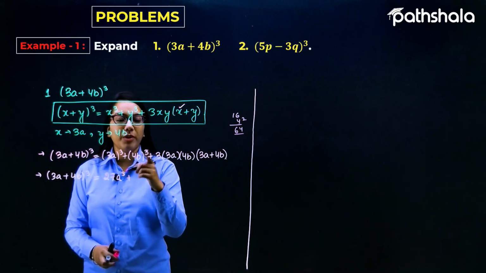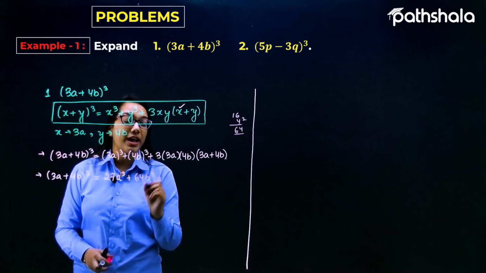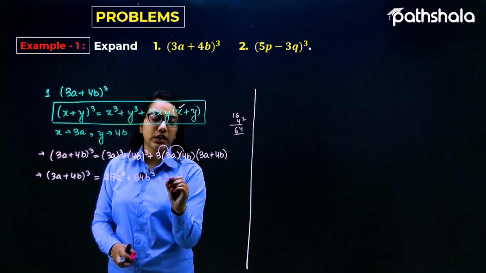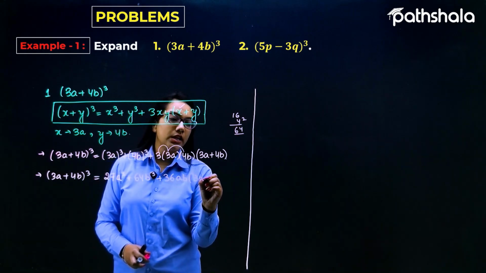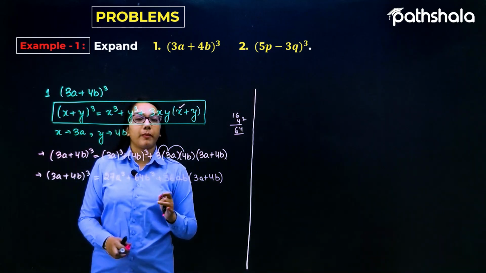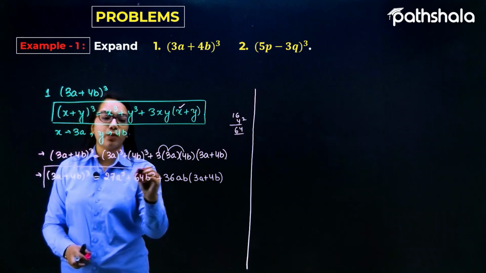So in place of (4b) whole cube we can write 64b cube. Further we can multiply 3 into 3 is 9, 9 into 4 is 36, so it is 36ab, and further we have the terms (3a plus 4b). So this is the expansion of (3a plus 4b) whole cube.